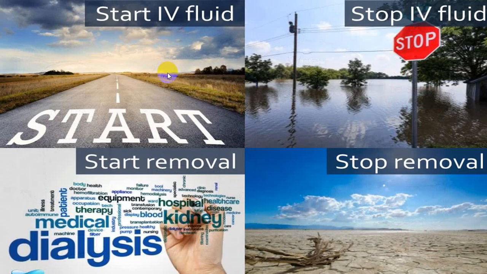When you stop the IV fluid, once the person is completely stabilized, his pulse is normal, blood pressure is normal, capillary refilling time is normal, person is fully conscious, and there is no acid base imbalance, there is no electrolyte imbalance, now you can start doing de-escalation and remove fluid. Sometimes you might require removal by dialysis, particularly in a person with CKD with gross electrolyte imbalance, acid-base imbalance, or a person who has got some poisoning, etc. So those things will be quite important.